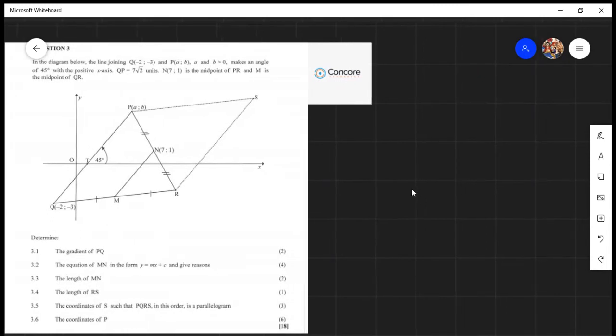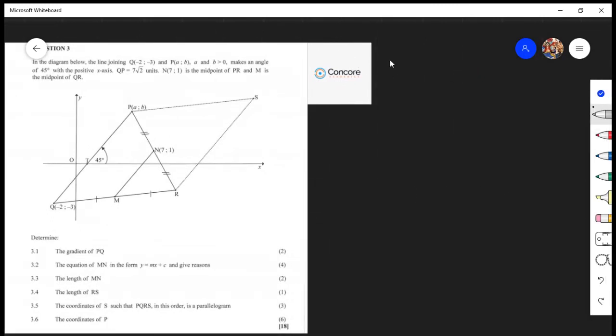Okay, so question 3.6, right? So our equation of line PQ was x minus 6? If someone can just confirm that. So our equation of PQ was x minus 6, right? Now using our P point, we can substitute. So our Y value would be B and our X value would be A. So we can substitute that into it.